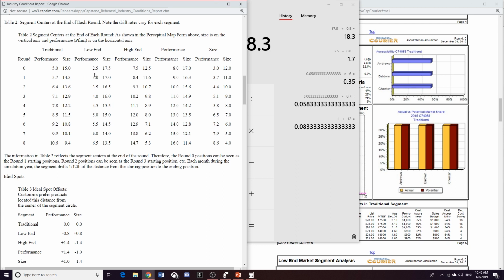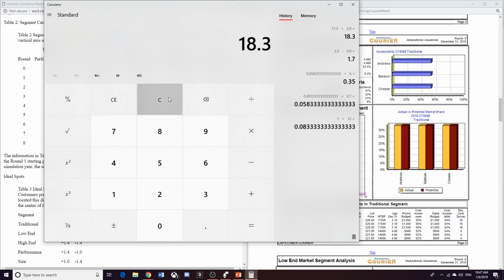So what you want to do is take 0.25, and you'll say, okay, all right. So we said that in the beginning of the year of round one, the performance of the low end segment was 1.7, right? It was 1.7.